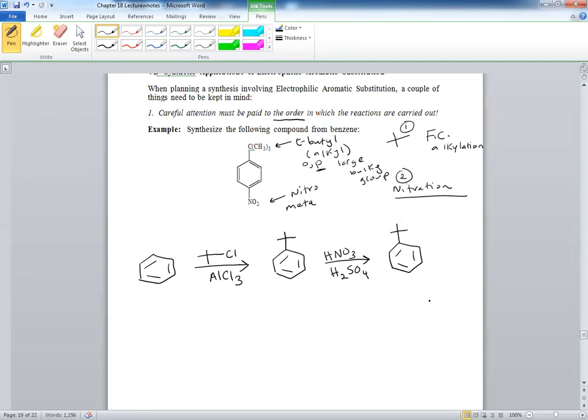Number one is that, as we said, this is a bulky group. So it's going to direct to the para. So that means here. And plus, this is an activating group.